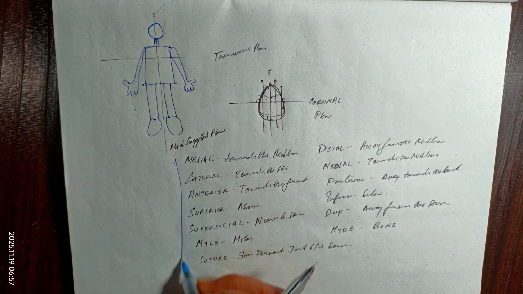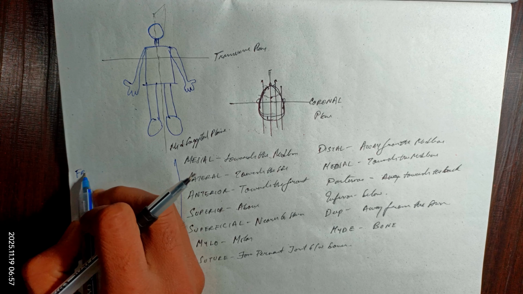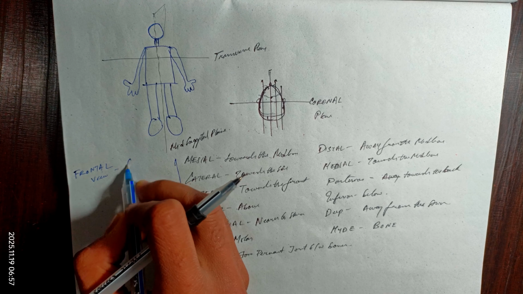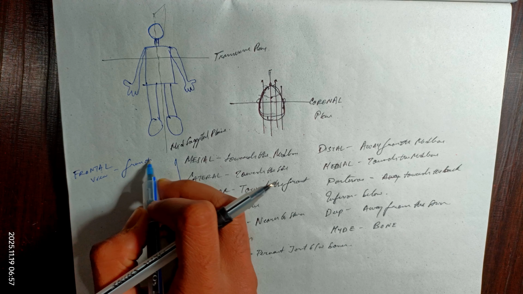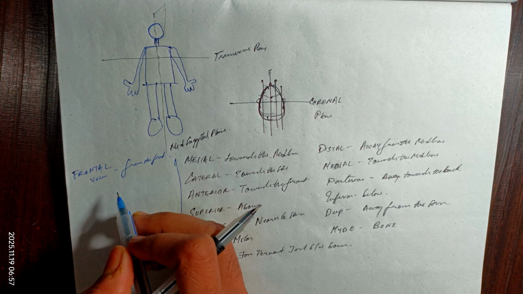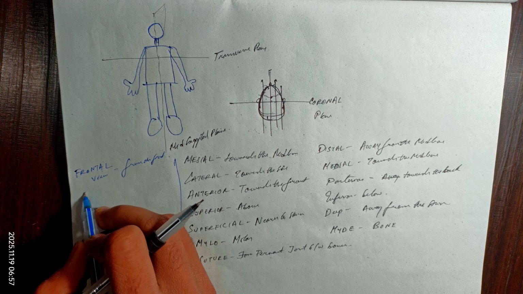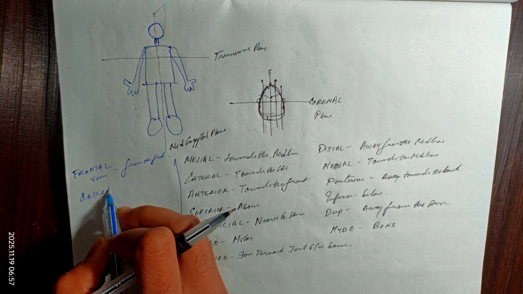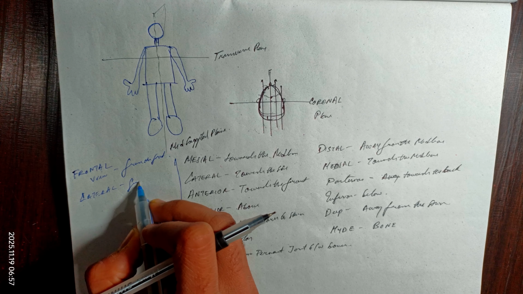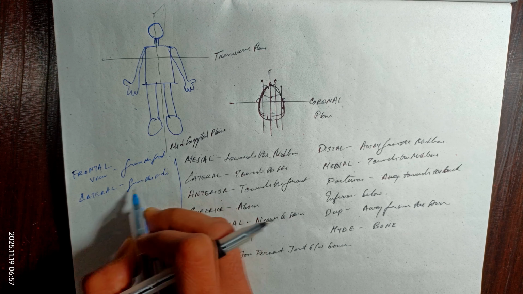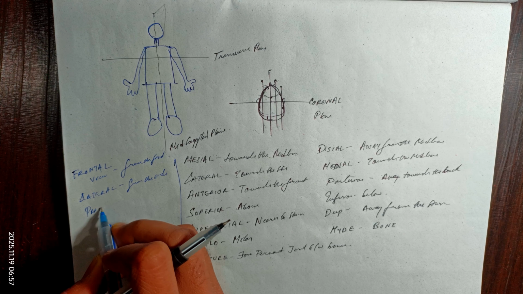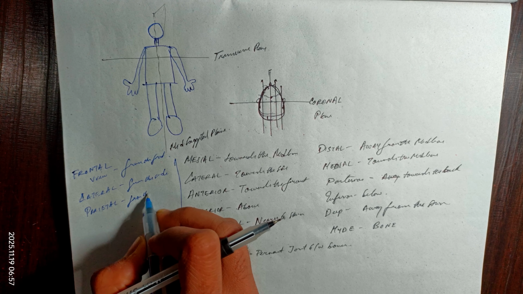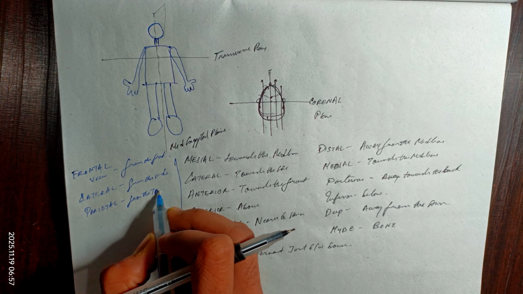Now, let's discuss about the views. Frontal: view from the front. Lateral view: from the side. Parietal view: from the top.